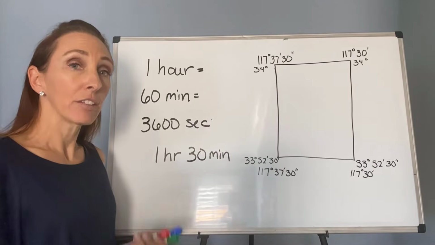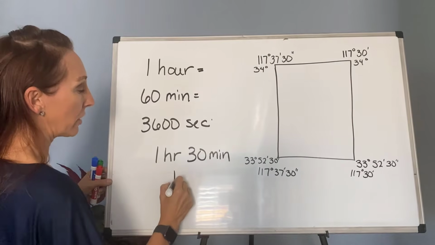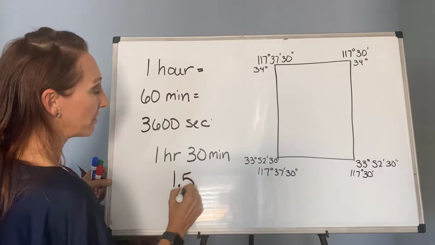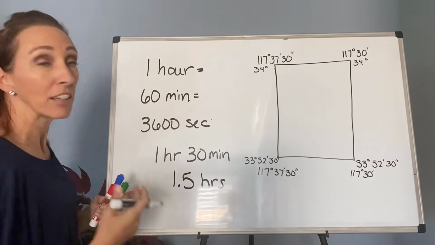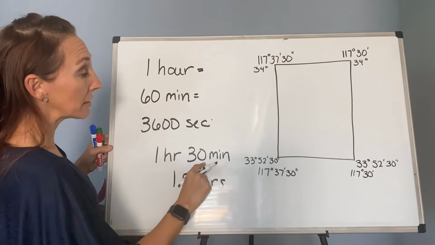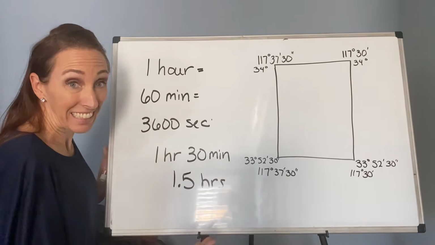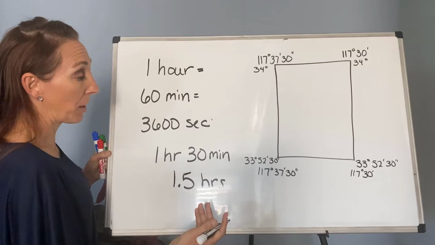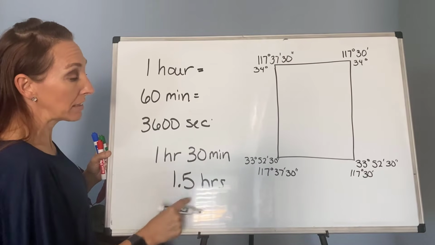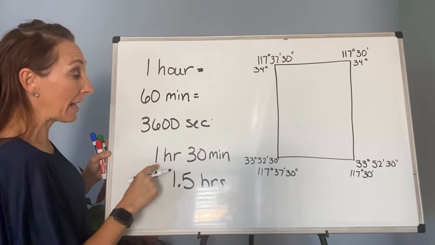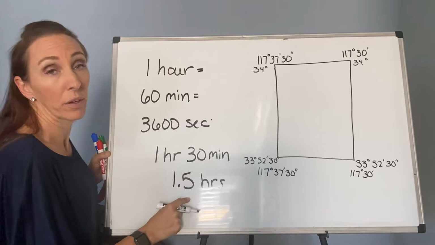And so in your head, you know that that means the same thing as 1.5 hours, because in your head you just did 30 minutes divided by 60, because we know that there's 60 minutes in an hour, and so 30 divided by 60 is 0.5, and you in your head added 1 plus 0.5 and got 1.5 hours.